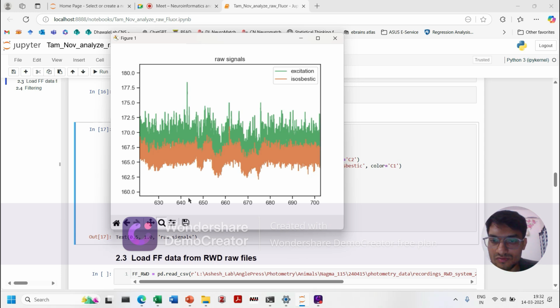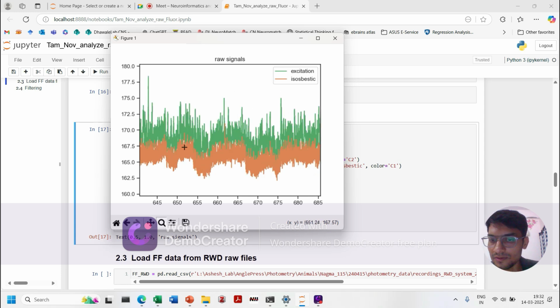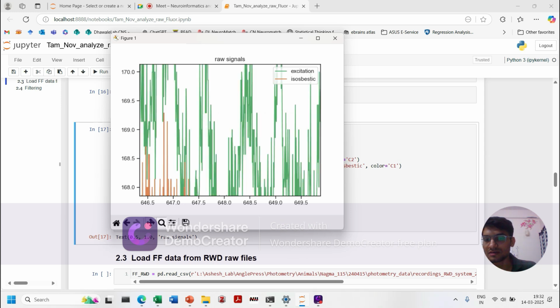So you may be able to see here, around this time, that there are some patterns that are common in the isosbestic signal as well as the excitation signal, the slow patterns or even faster patterns.